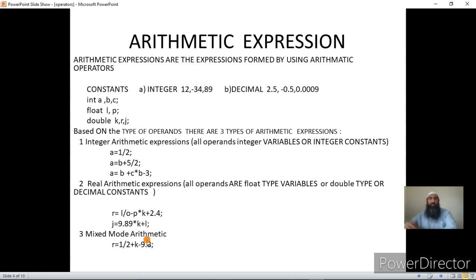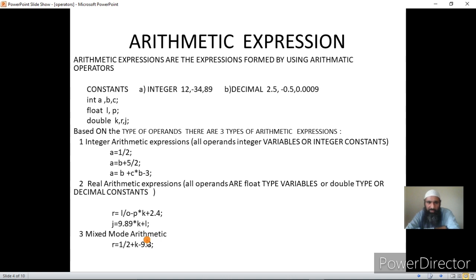So an expression can be an integer expression or a real arithmetic expression or a mixed mode expression. If all the operands are of type integer, then the expression is an integer arithmetic expression. If in an expression we have all the constants of the type decimal and we have all the variables either of the type float or double, then the expression is a real arithmetic expression.